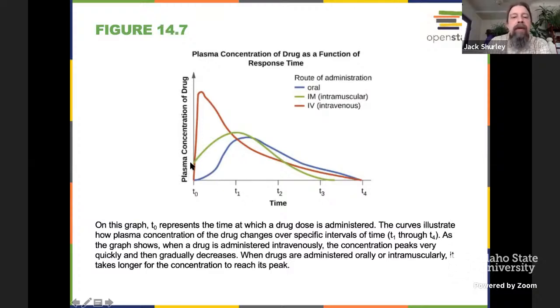So the intramuscular, you can see it's injected in, and we've got relatively high levels early on, and then peaking, and again, declining down. The oral administration definitely takes more time.